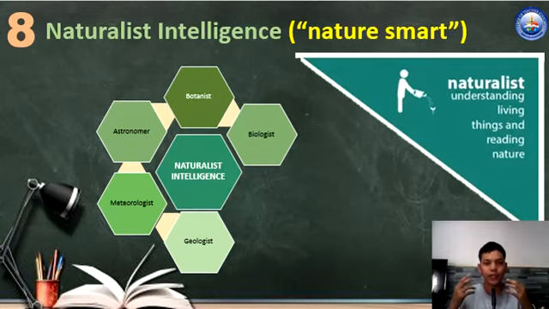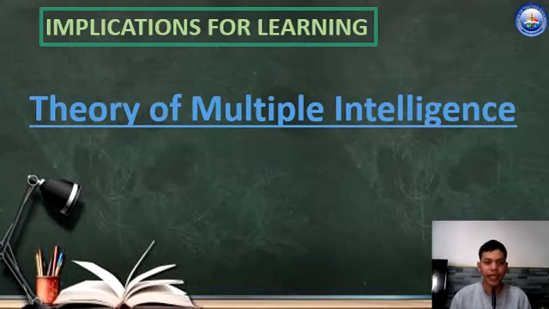So people with naturalistic intelligence, such as Charles Darwin and Jane Goodall, have the ability to identify and distinguish among different types of plants, animals, and weather information that are found in the natural world. So for the potential career choices for this kind of intelligence, we have the botanist, biologist, astronomer, meteorologist, and geologist. So these are the 8 multiple intelligences.